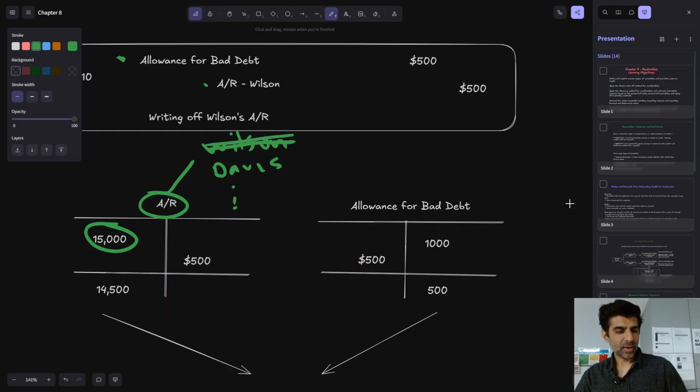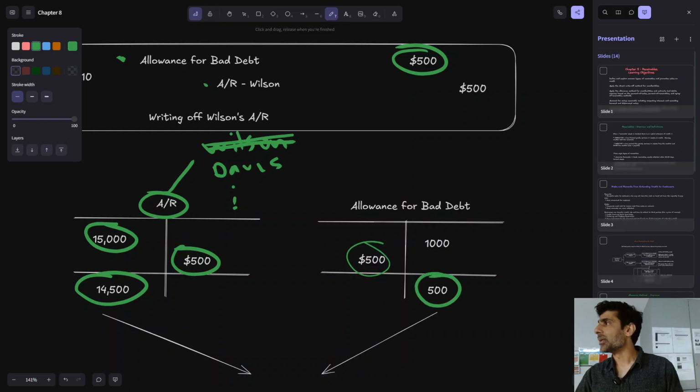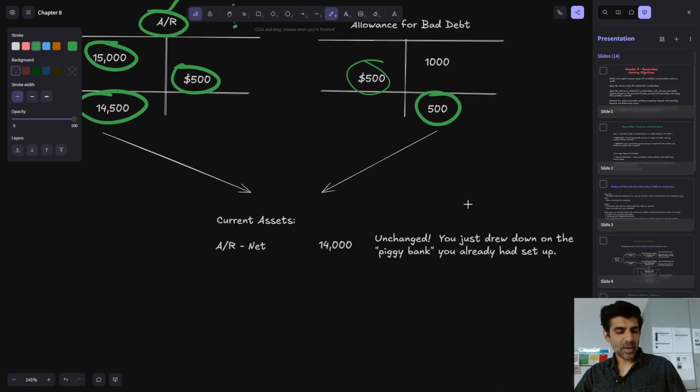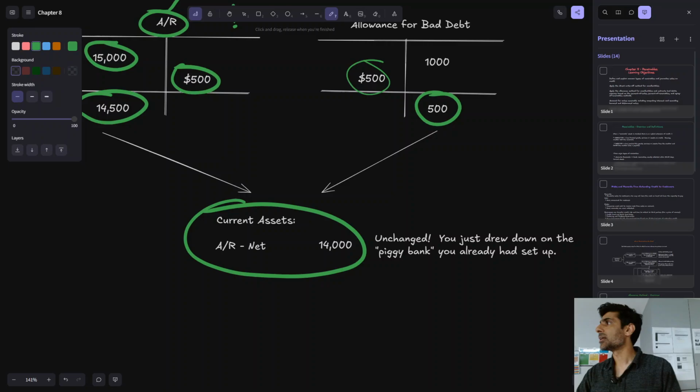So we're going to credit accounts receivable 500, and we're going to debit our piggy bank, allowance for bad debt, 500. So this is going to get reduced, and this is also going to get reduced. The net has not been changed, right? We have a 14,500 debit balance here and a $500 credit balance. The net amount is unchanged.